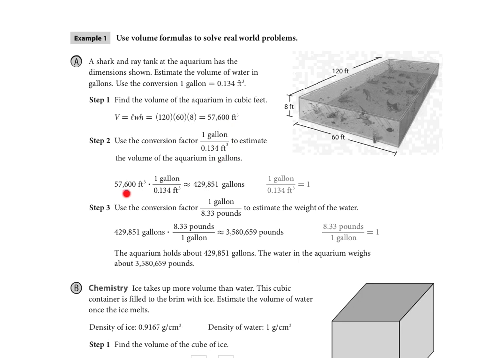So here's my 57,600 feet cubed times 1 gallon over 0.134 feet cubed. Essentially we're dividing by that 0.134, and we're going to get 429,851 gallons. So that is going to be the volume of water in gallons.